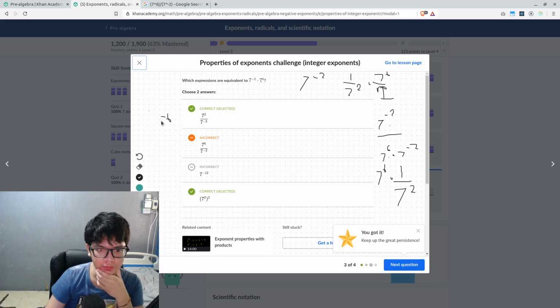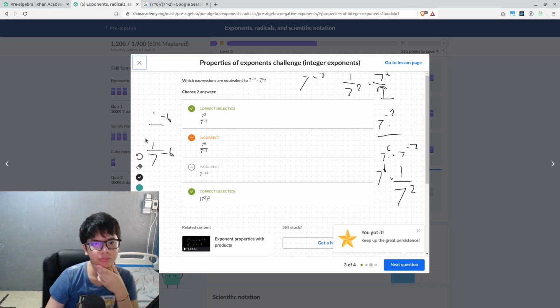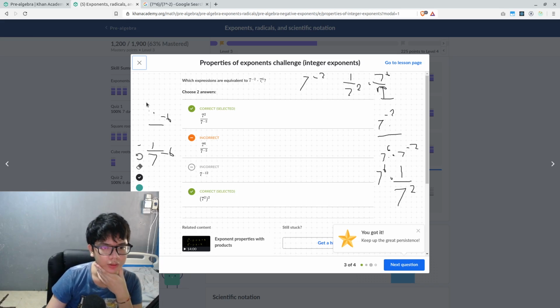We'll make it negative 6 over 1 over negative 6. Negative. Yo, this is a mystery.